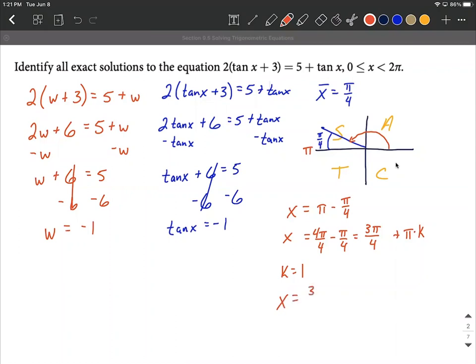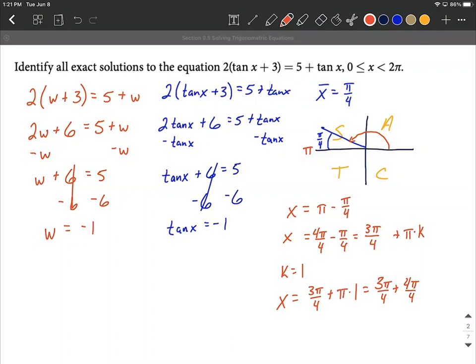So we can say that's 3/4 pi plus pi times 1, which could be rewritten as 3/4 pi plus 4 pi over 4, right? 4 over 4 is equivalent to this 1.